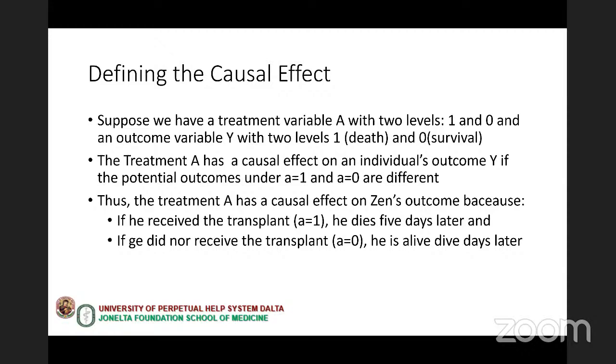So A has a causal effect on Zen's outcome because, for example, if he received the transplant, A equal to 1, he dies 5 days later, or if he did not receive the transplant, then A equal to 0, and he is alive 5 days later.